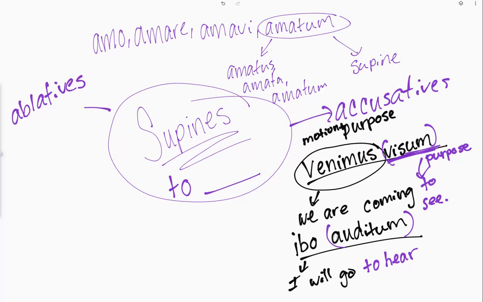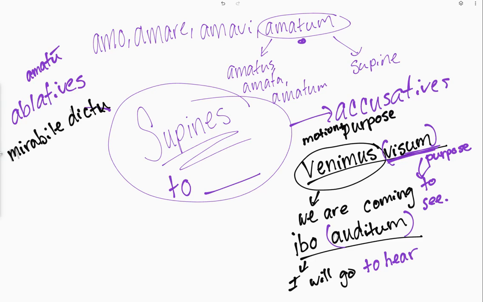The ablatives, however, I find much easier because it isn't going to look like the fourth principal part. It would be the fourth principal part without the m. For example, it would be amatu. You're going to translate it the same way as you would your accusative. So let's look at this sentence right here.